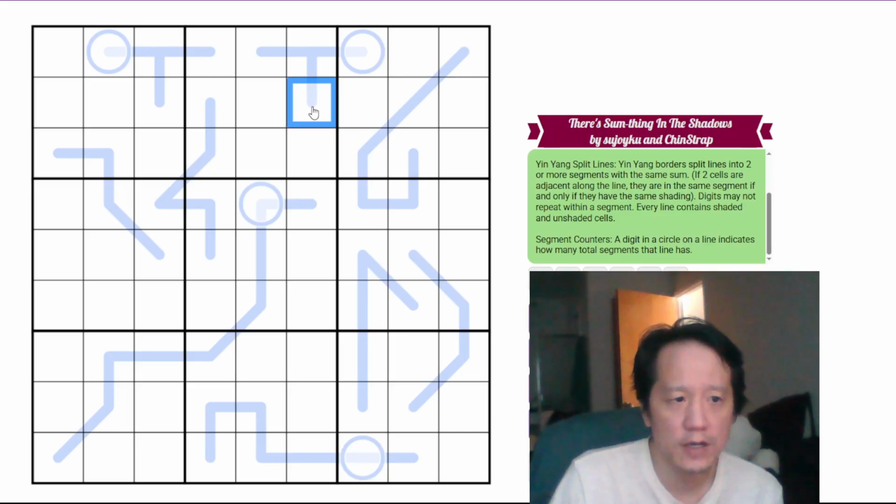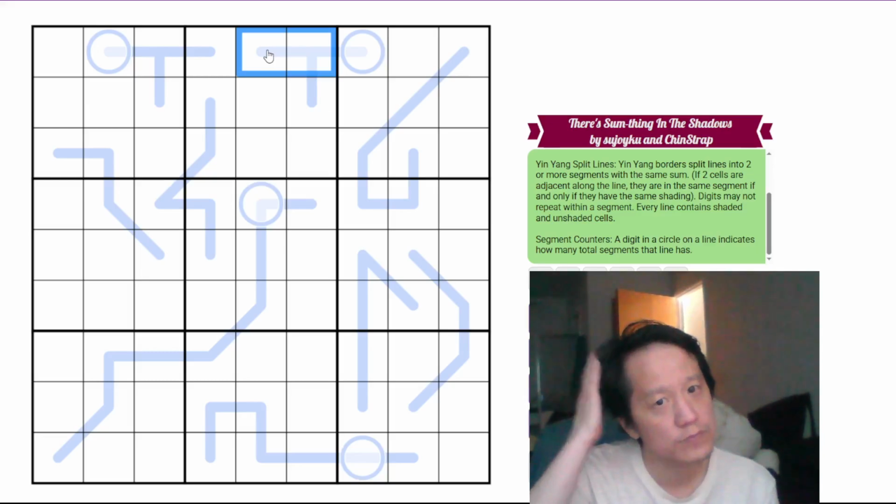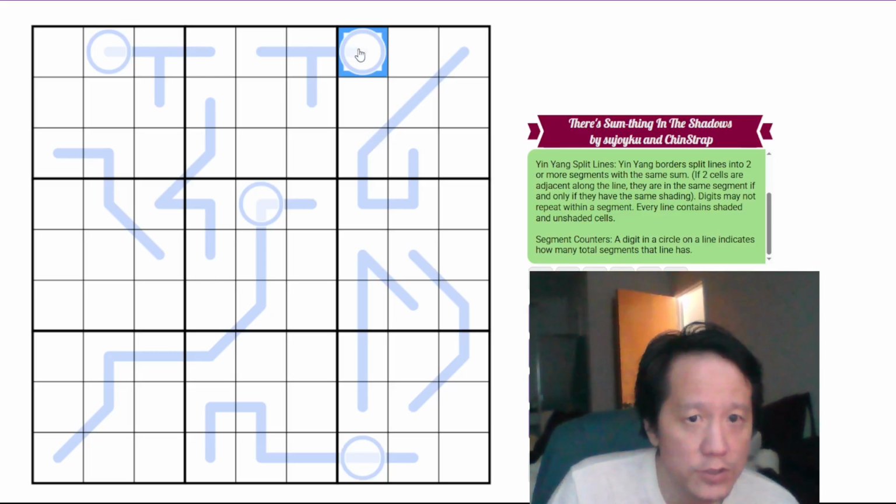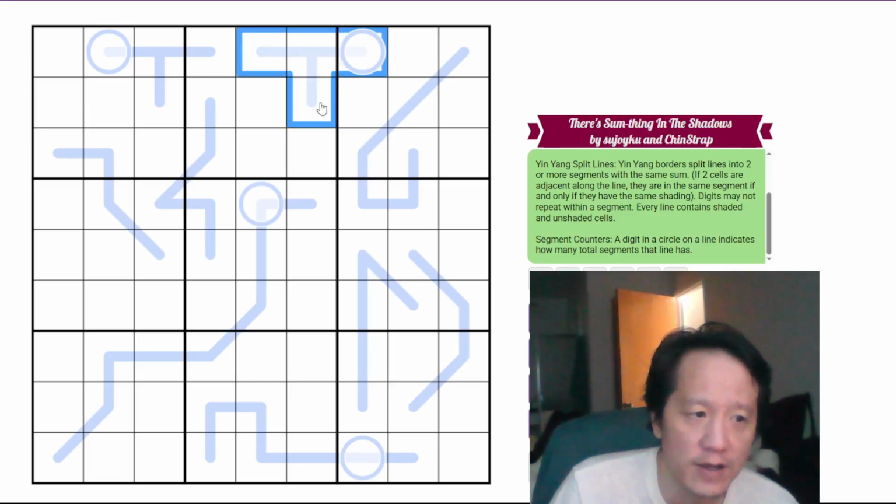You cannot have... Well, you could have a border here, but the problem is... That's interesting. So obviously you can have at most 4 segments in a 4-length line.